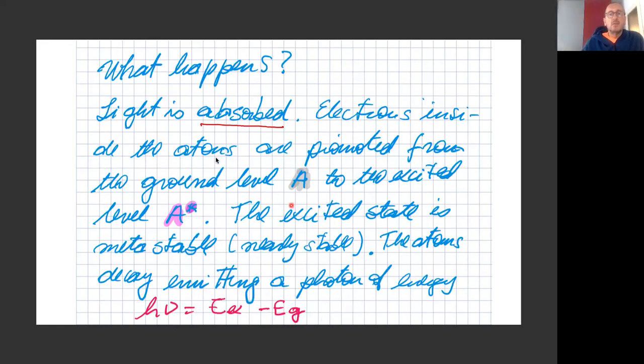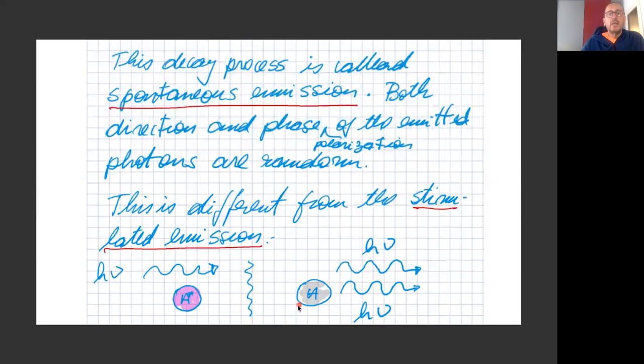Light is absorbed by the atoms at first, and then there is an emission, and that decay process is what we call spontaneous emission. In the case of spontaneous emission, the direction, the phase, and the polarization of the emitted photons are random. The only thing that is the same in this case is the wavelength of the photon, because there are only two levels involved essentially.